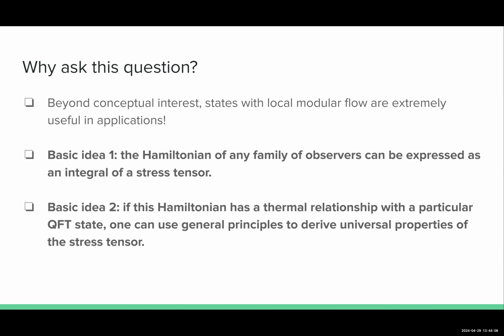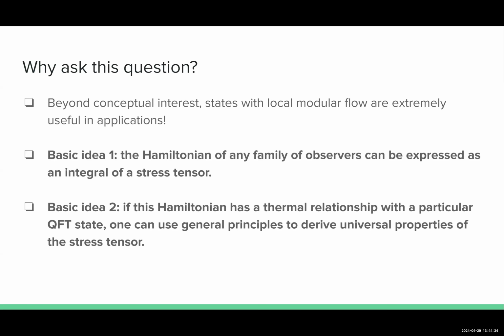And then, if you have a Hamiltonian describing such a family of observers, and if you have one of these states with a generalized Unruh effect, so there's a thermal relationship between this Hamiltonian and a particular quantum field theory state, well, then you can use general principles coming basically from statistical mechanics to derive universal properties of the stress tensor just by making these two things talk to each other.